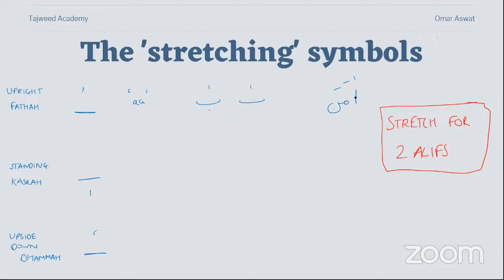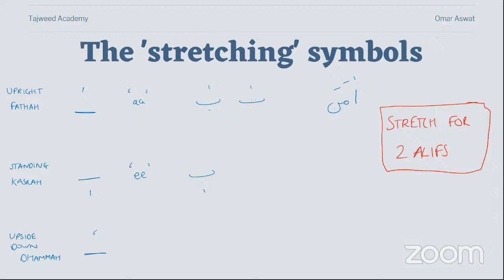The rest you read quickly. This one you stretch. The standing kasra makes the ee sound. Ee, we stretch. We don't say i, we say ee. Example, ba, standing kasra, bee, tee, thee.